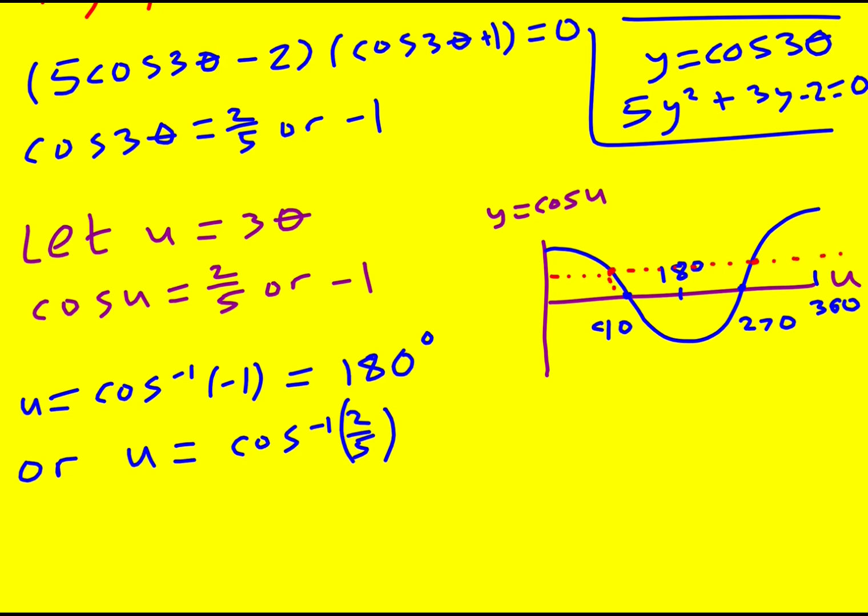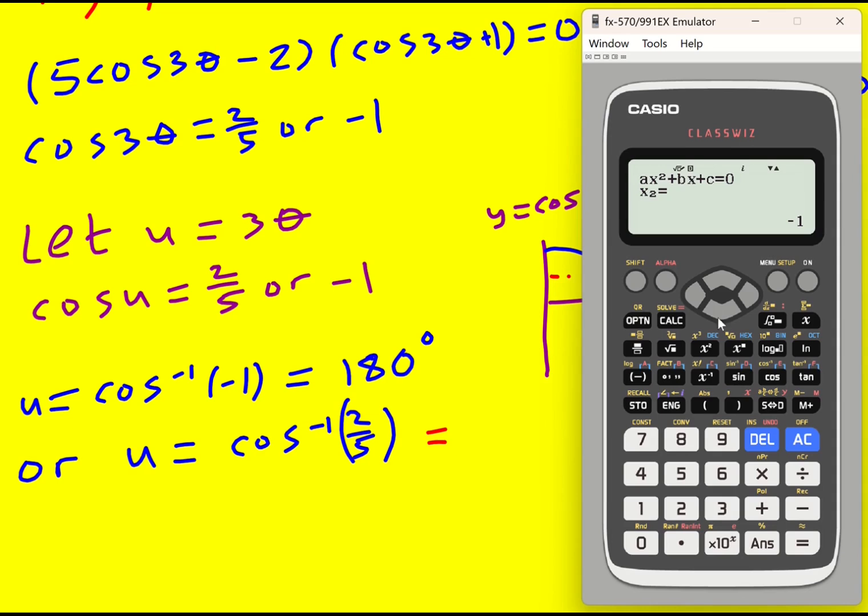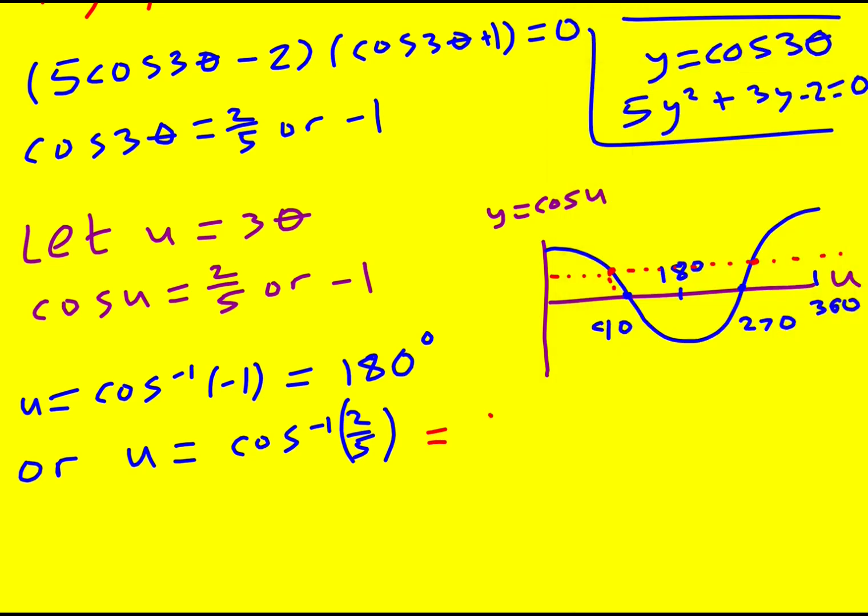So one of them is going to be what we get directly when we put it into our calculator, 66.421. I advise writing it to a few more figures because we're still going to have to divide this by 3. Don't round it yet because that can mess things up.